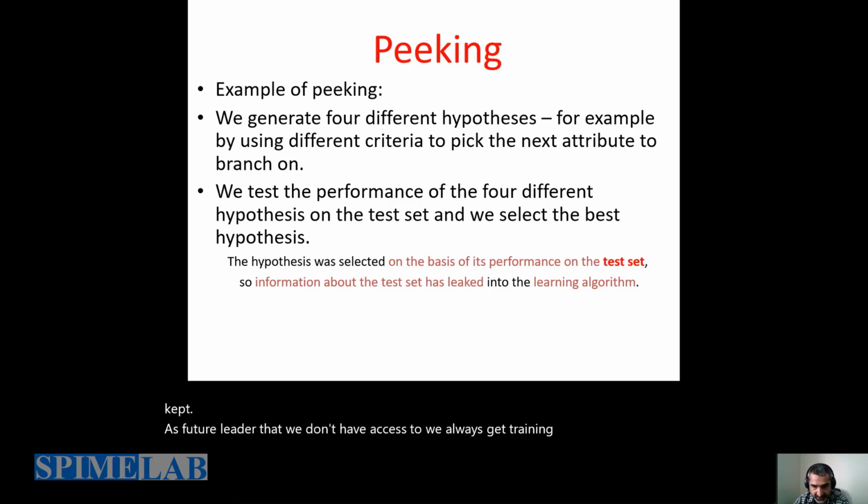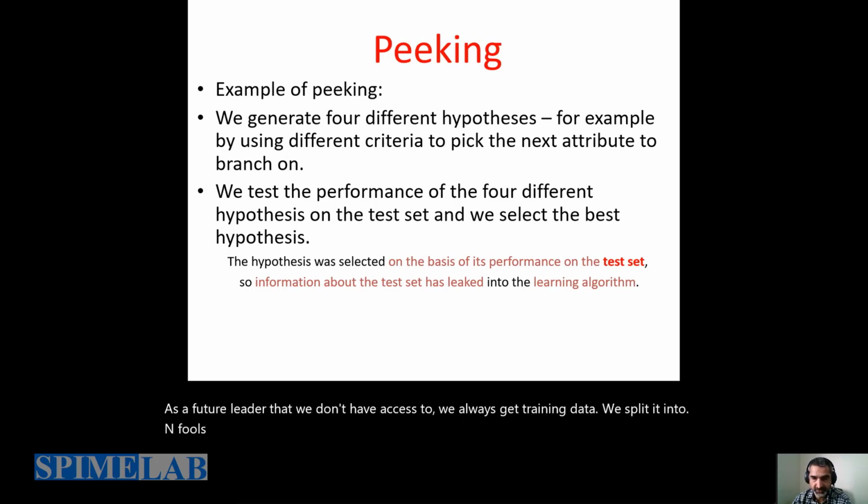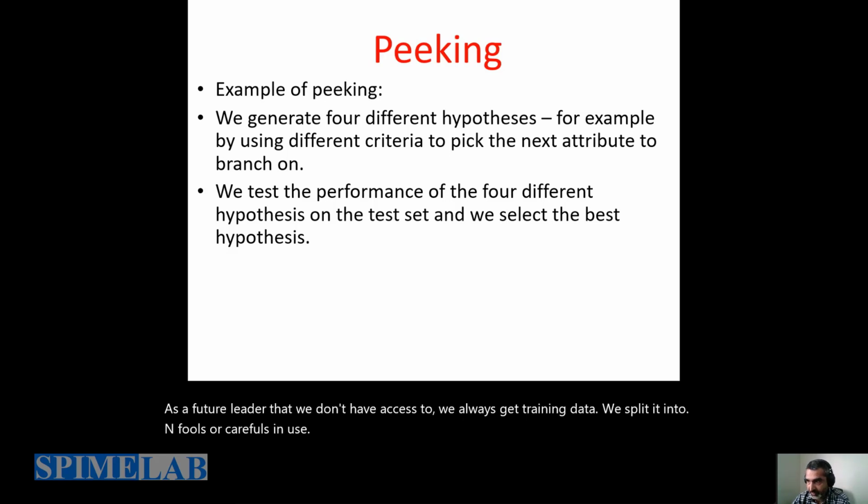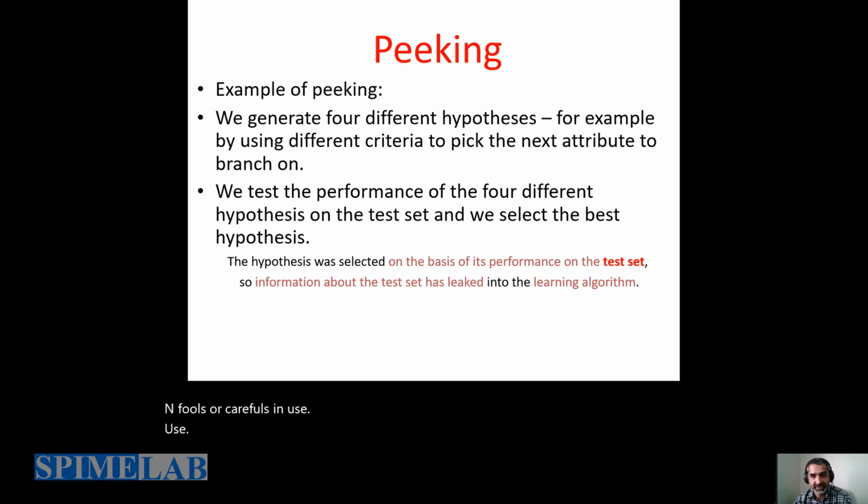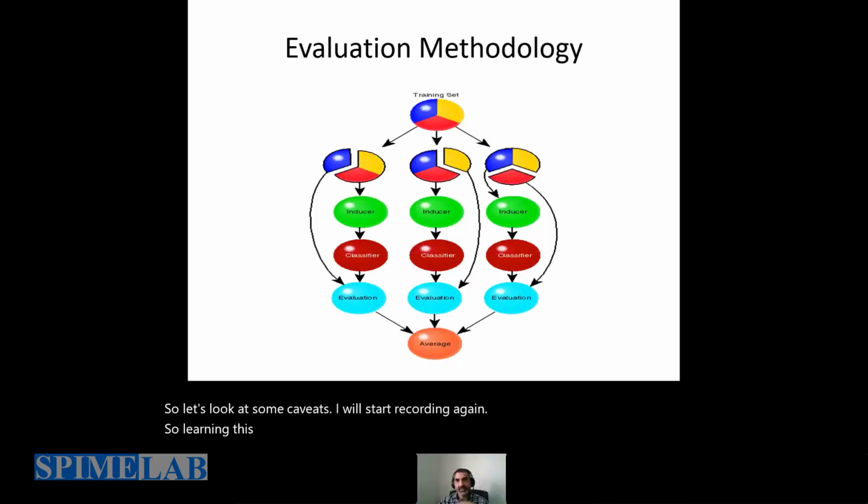We always get training data. We split it into n folds or k folds and use k-fold cross-validation, as I explained in the previous slide. Learning a decision tree is one thing, but to learn it in a good way, we need cross-validation.